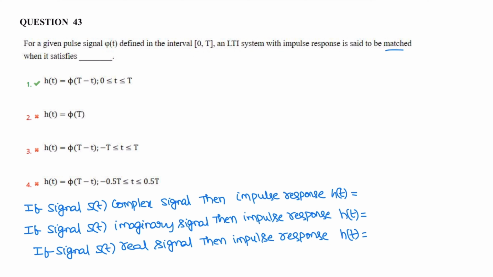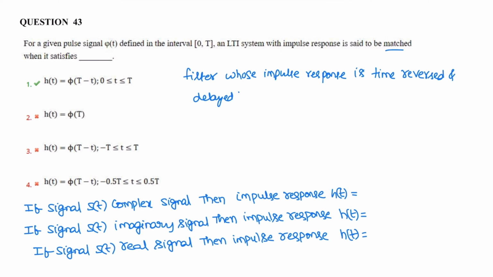A matched filter is a filter whose impulse response is a time reversed and delayed version of the input signal's complex conjugate.